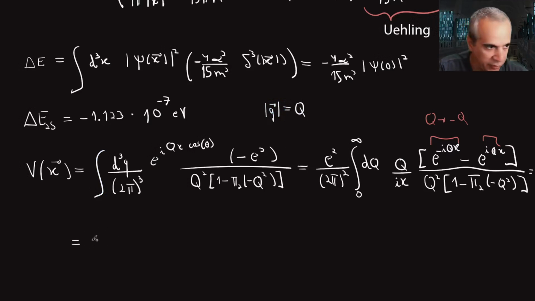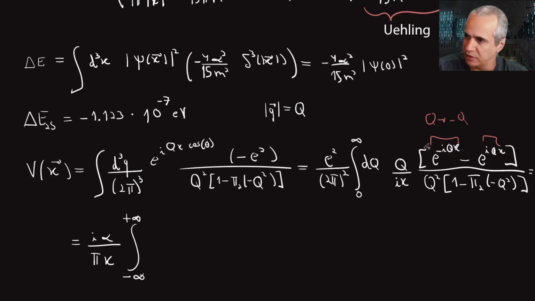So I move an i outside, exchange e squared for alpha, over pi x, integral from minus infinity to plus infinity, because I made one of these two pieces to be integrated from minus infinity to 0, and then I glue them together.